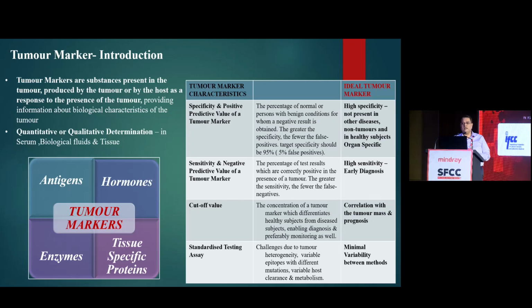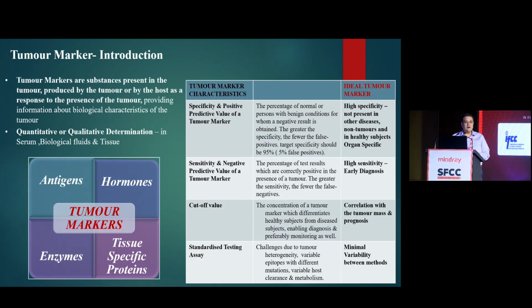And last but not the least, which is purely our domain as laboratorians, we would like the methodologies for these various markers to be very nicely standardized and harmonized. So that is what we would wish to have in an ideal tumor marker.